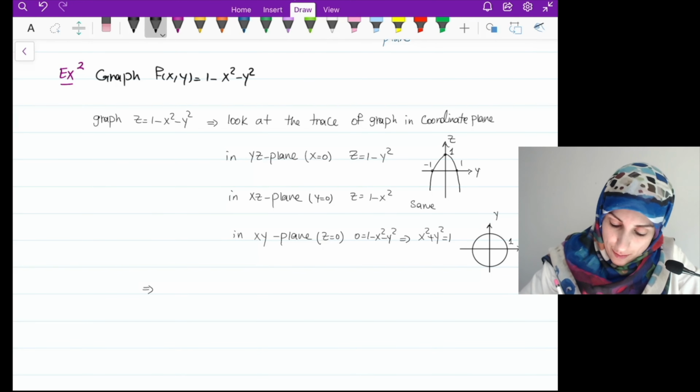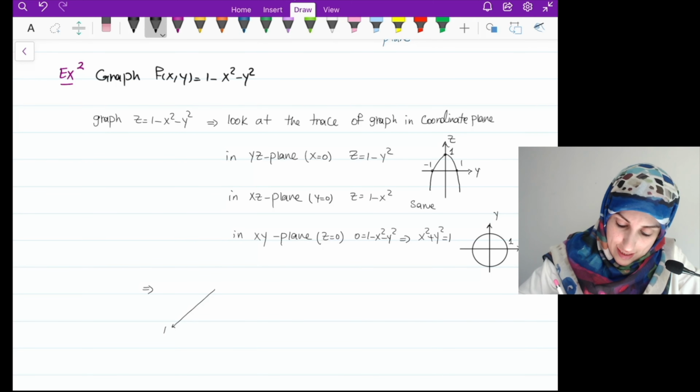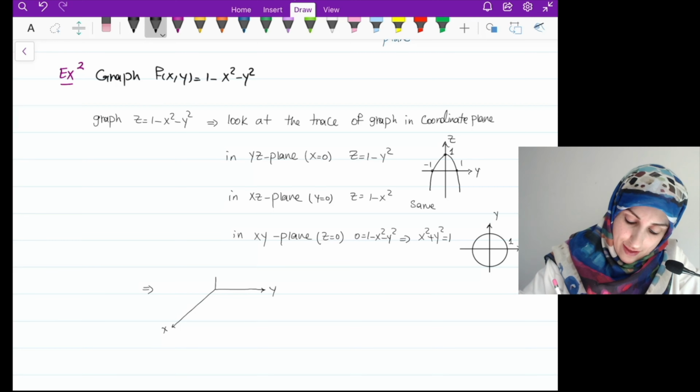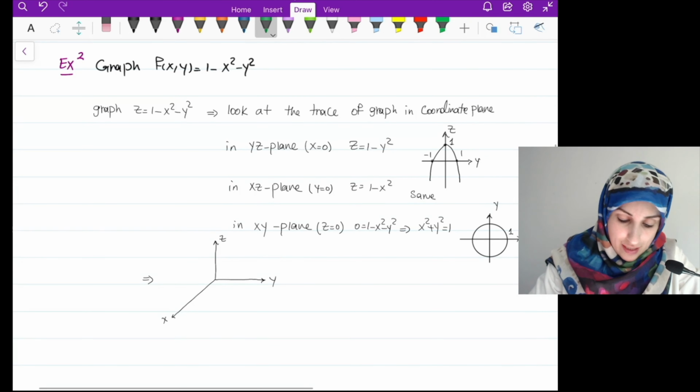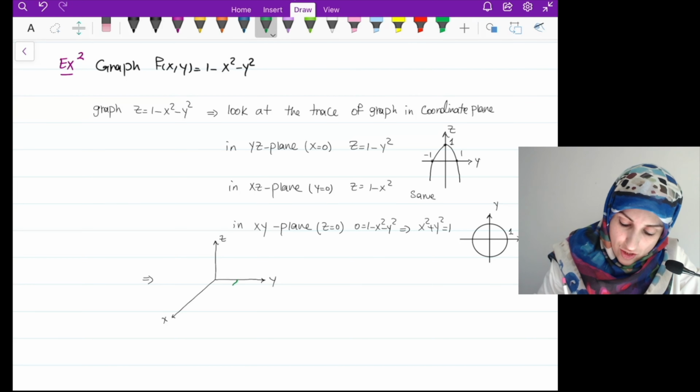I get this shape. X-axis, Y-axis, and then Z-axis. So I have something like this. I have a circle of radius 1 down here.